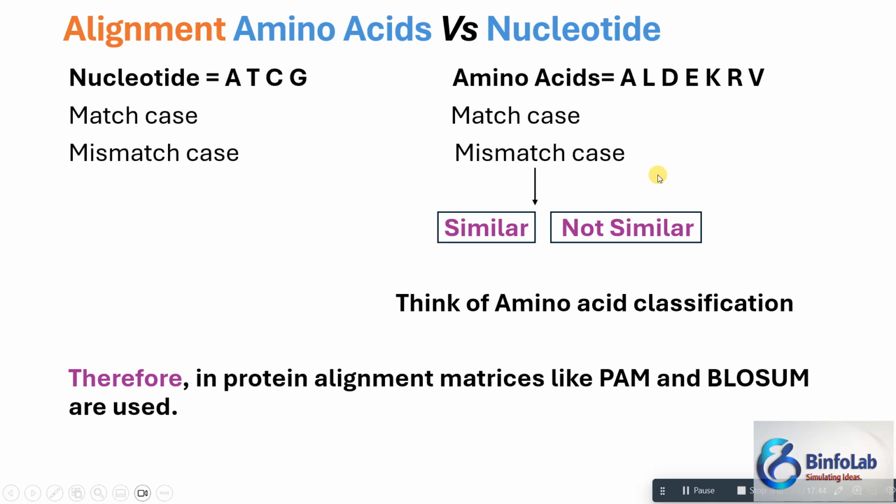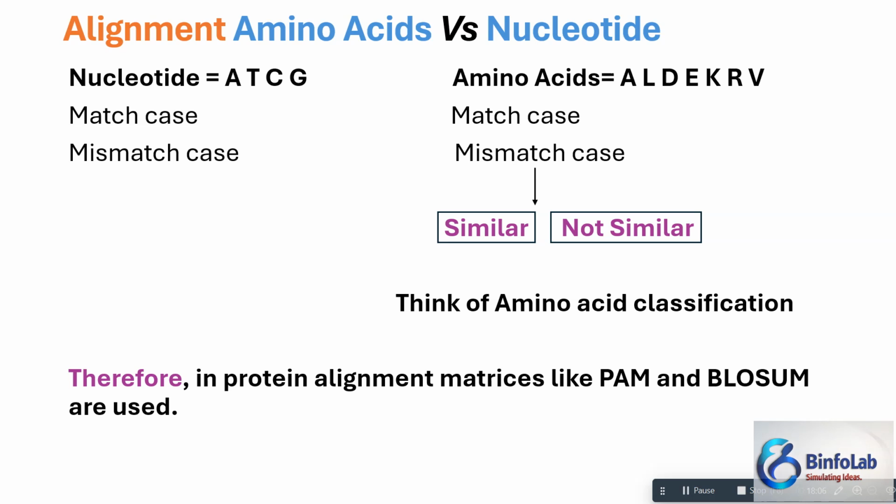What is the classification of amino acids? According to the classification, some amino acids are positively charged, let's say histidine, lysine, and arginine. We call them basic amino acids. They contain a positive charge.